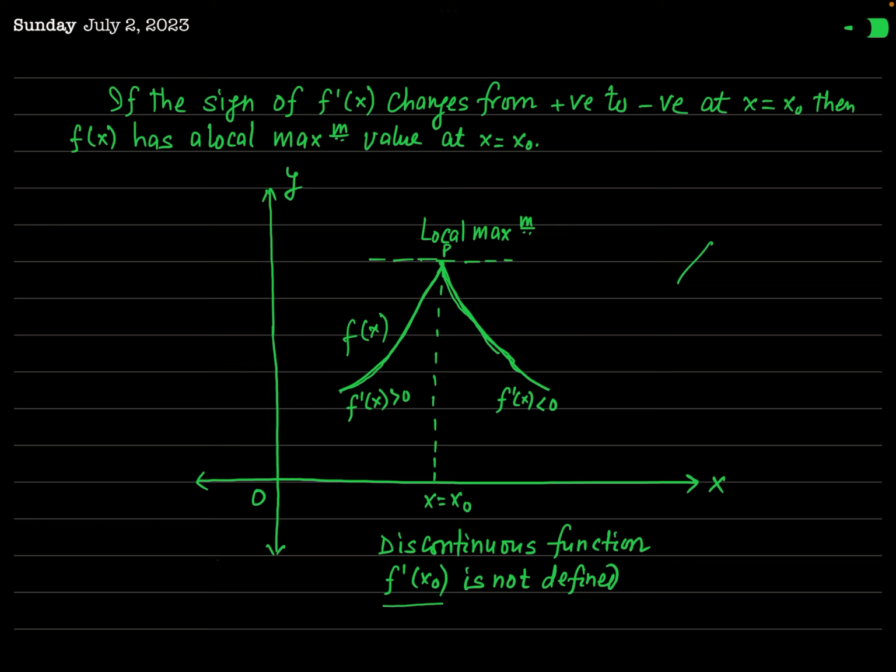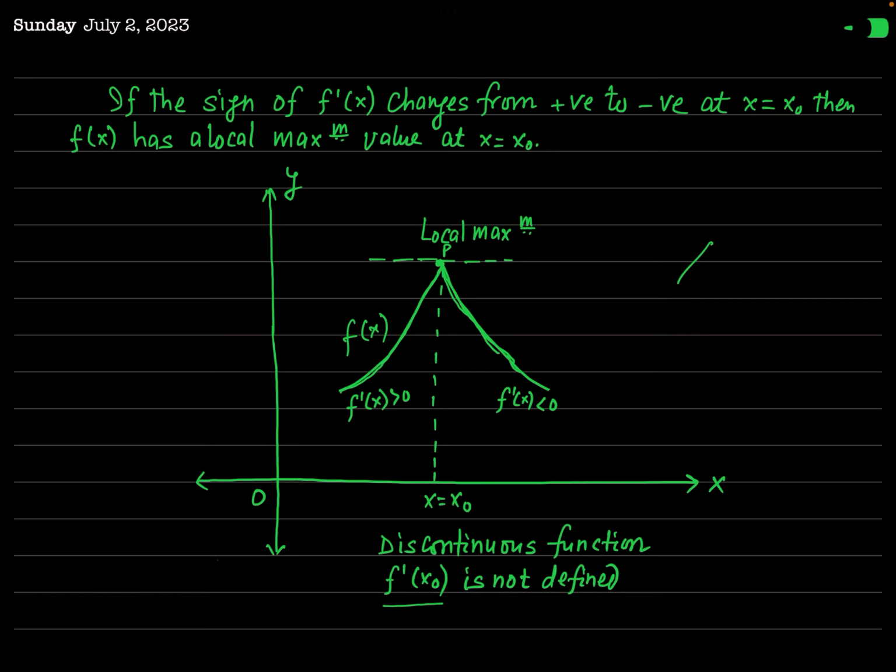But for a continuous function, the slope has only one value corresponding to a particular point. So we simply say that as the function is discontinuous at point P, the derivative cannot be defined at the point of discontinuity.